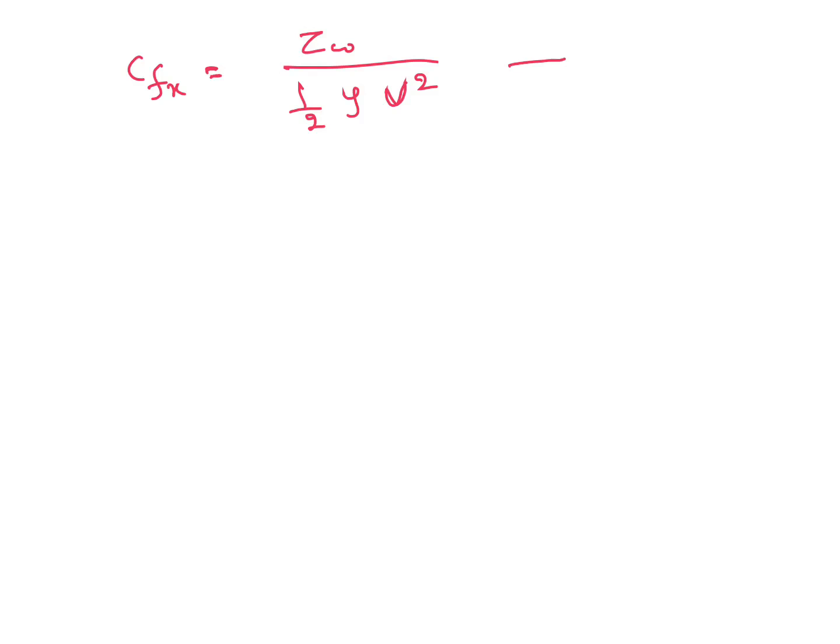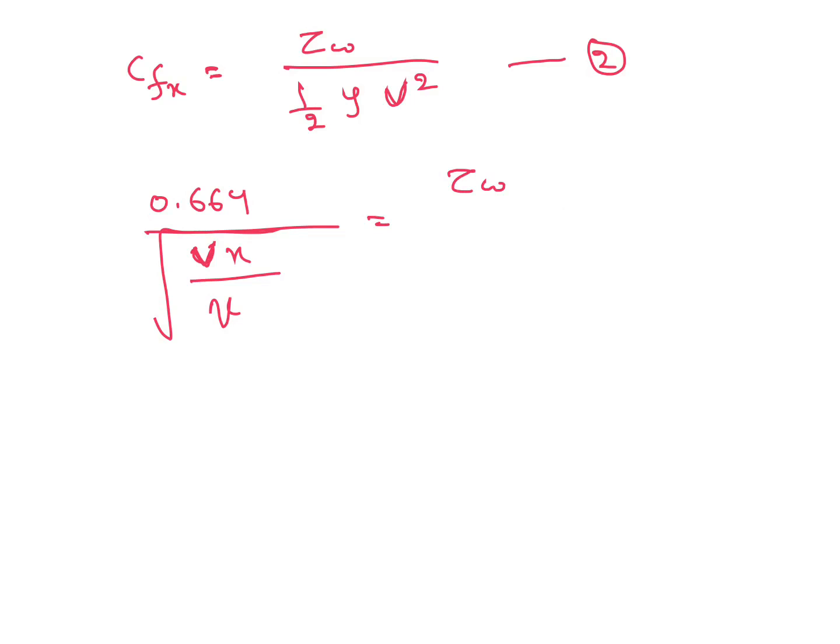From equations 1 and 2, 0.664 divided by root over V into x by kinematic viscosity equals tau W by half rho V square. So from here tau W is inversely proportional to root over x.